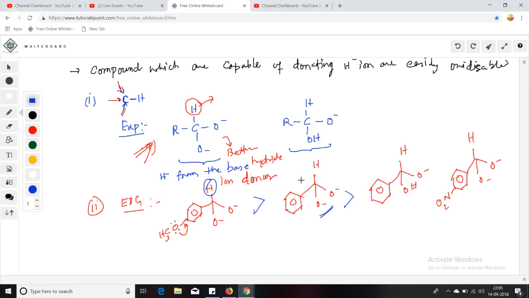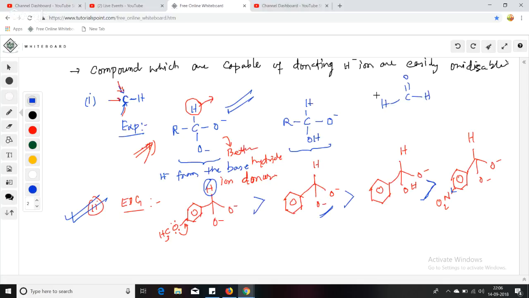Here we have a dianion, here only one anion. And this one is an electron withdrawing group, so it has less tendency to donate hydride ion, because the electron density is decreasing. So this is the second one I have given you. Two things you have to keep in mind: the compound which can easily donate hydride ion is easily oxidizable. HCHO can donate hydride very easily.